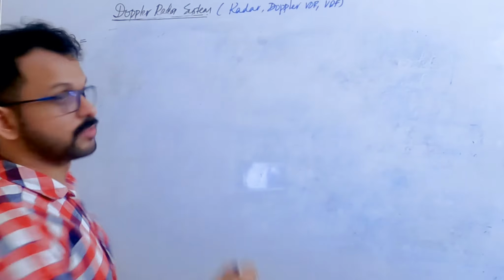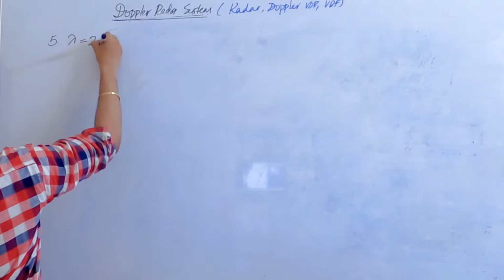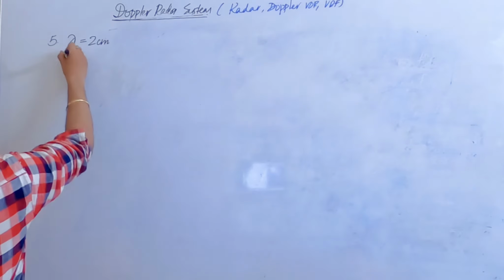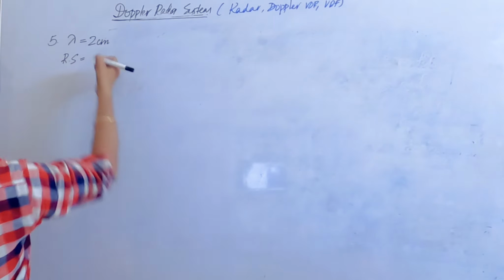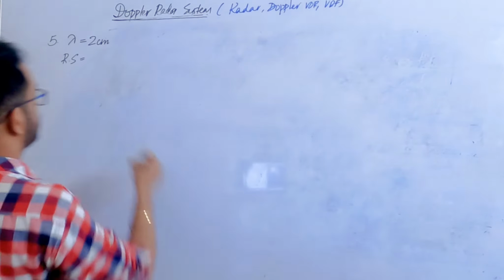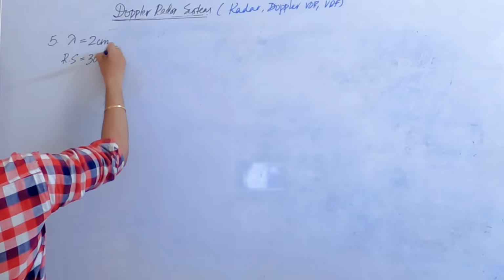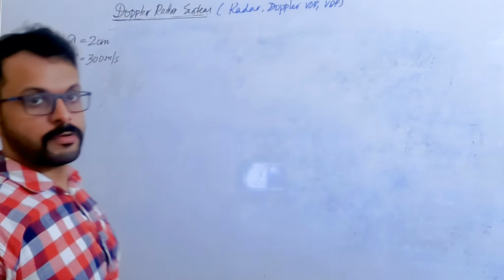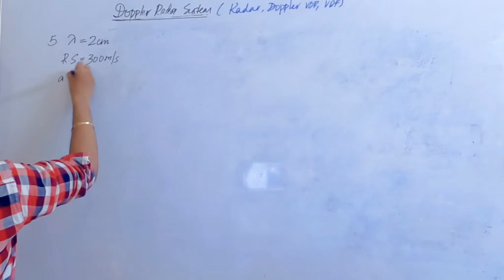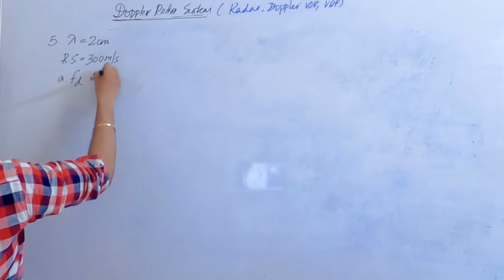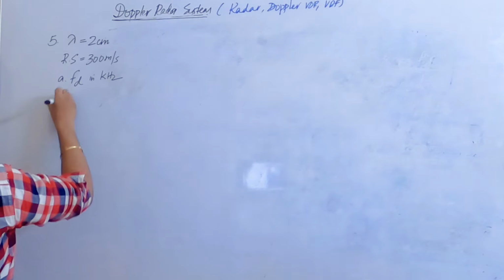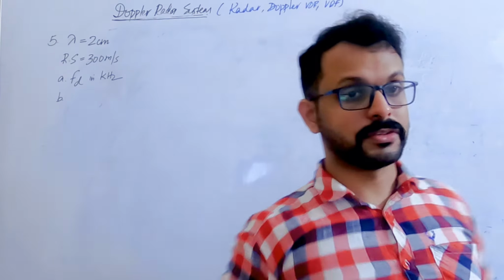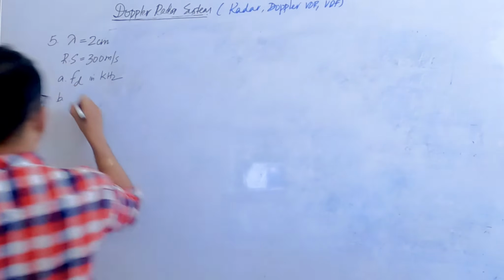Wavelength of transmission is 2 centimeters and relative speed is 300 meters per second. Find frequency shift in kilohertz and relative speed in knots.